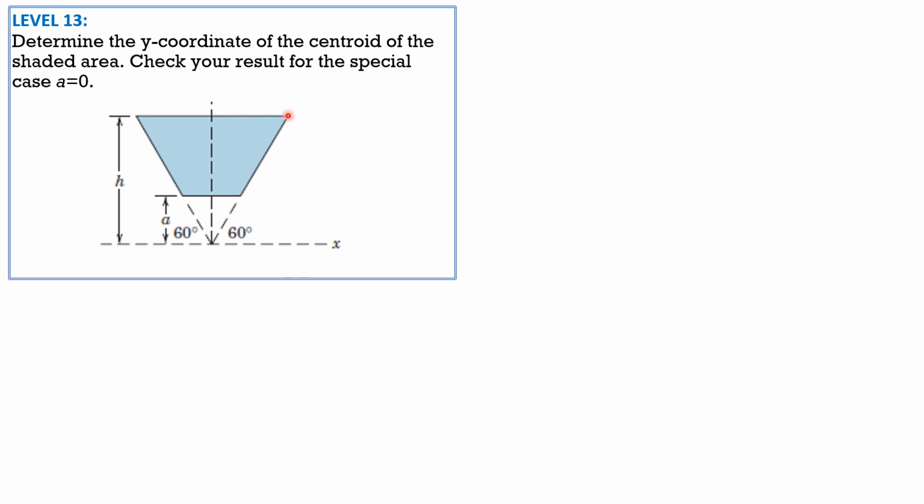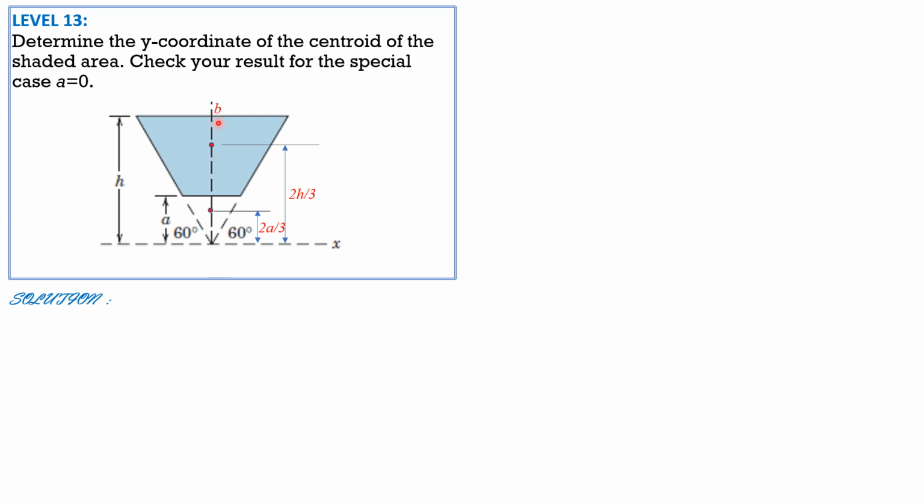So we deal with this shaded area as area of big triangle minus area of small triangle. The location of the centroid is there, and it is 2/3 of the height from the x-axis. For this small triangle, the location is 2/3 of A, as in the figure.